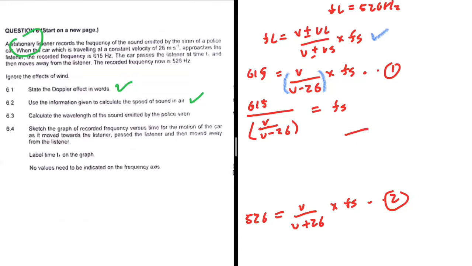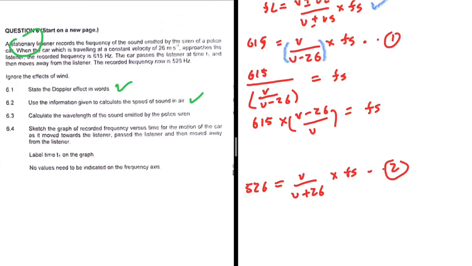Dividing by a over b is the same as multiplying by b over a. So we can apply that idea to get over that hurdle. Let's go ahead and do that. 615 multiplied by (V minus 26) divided by V. We can write it like this instead, and this is Fs.